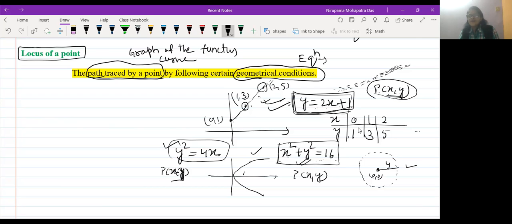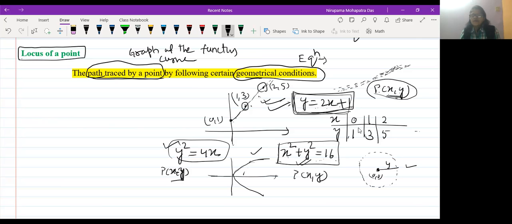So the locus of a point is very, very important in all the concepts of coordinate geometry. Unless the path is traced, you won't be able to know parabola, circle, straight line, ellipse.